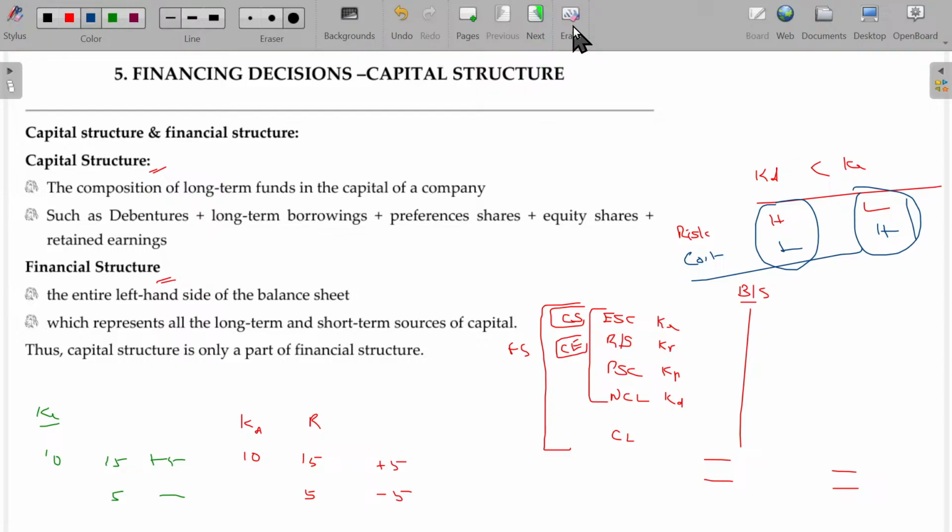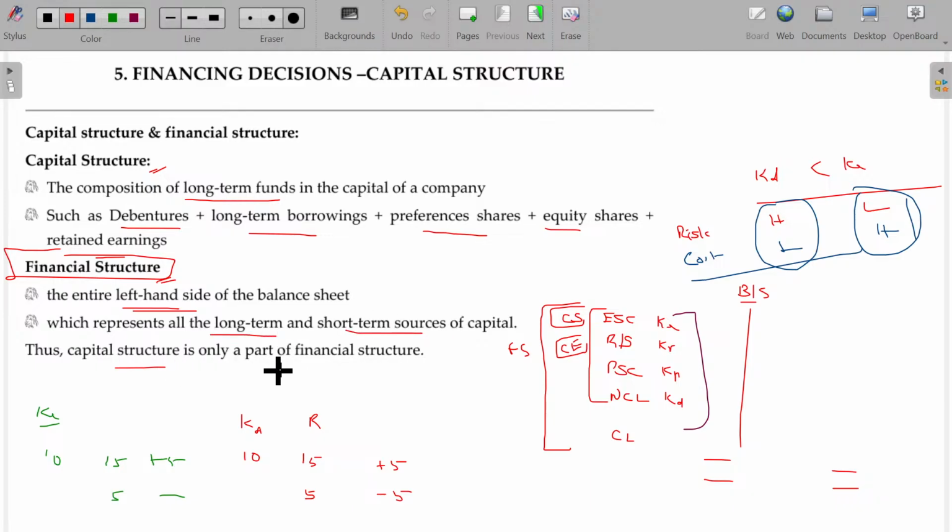Okay. So mixing this ratio will be so optimum to the company as well as shareholders, the predominant motto of the company in capital structure decision. Okay. In capital structure, the composition of long-term funds in capital of the company is going to be studied, such as debentures, long-term borrowings, preference shares, equity shares, and retained earnings. Financial structure is nothing but the entire left-hand side of the balance sheet, which represents all long-term and short-term sources of capital.